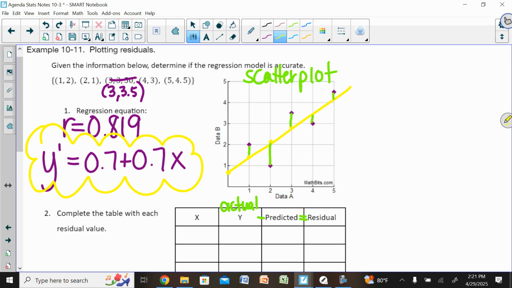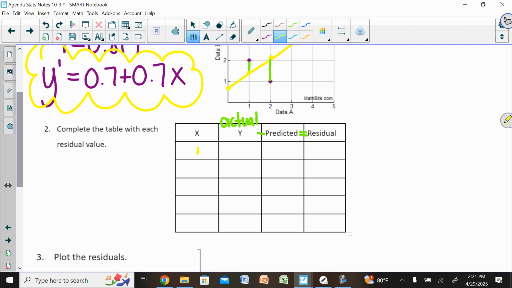All of my x's, I tried to make them easy, 1, 2, 3, 4, 5. I'm going to actually use this equation. So I'm going to put a 1 in for the x. So y equals 0.7 plus 0.7 times 1. I'm going to do that calculation.